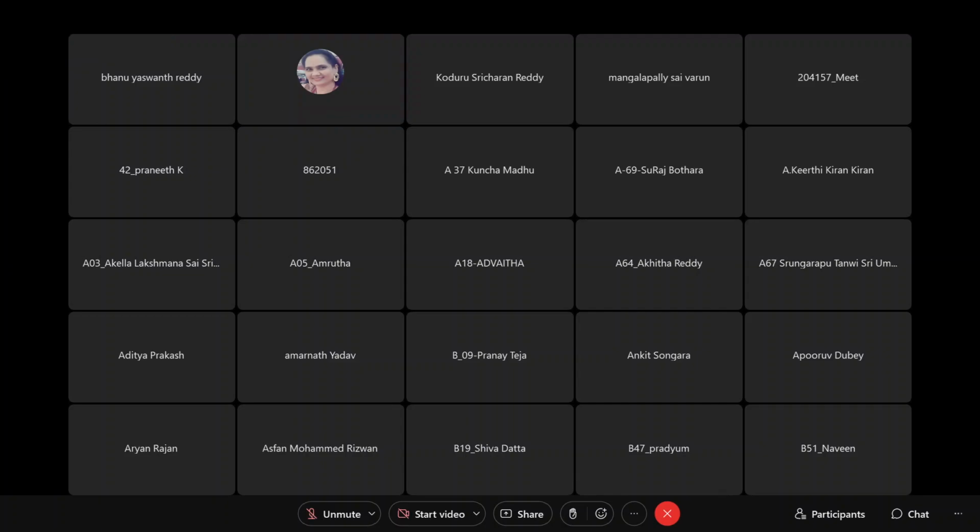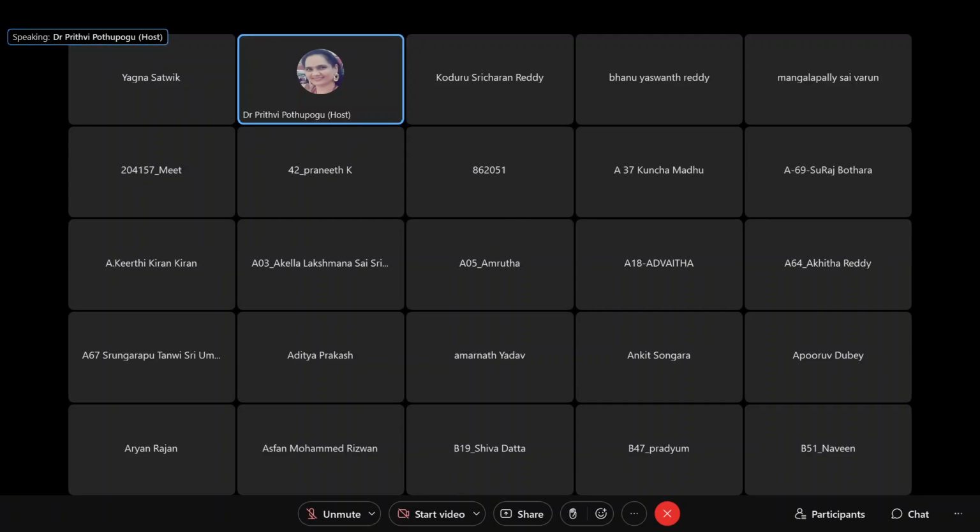List out the advantages and disadvantages. In the same question you can write, because this is related to ASM only. Okay. Of each method of ASM synthesis.